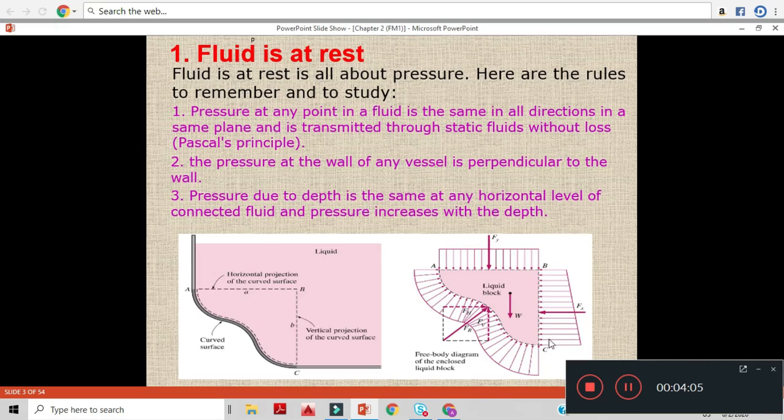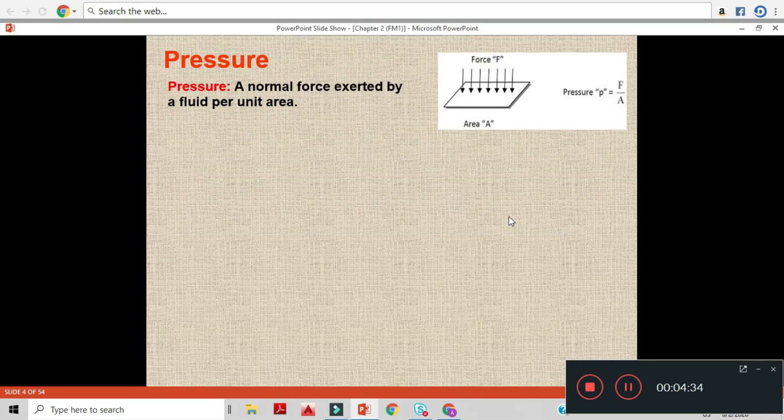So this is point number 3 that we have to remember, and we will prove how to show that the pressure acting at a point is the same in all directions, and also what the magnitude and position of the force acting at different depths of the fluid are. That we will also learn.